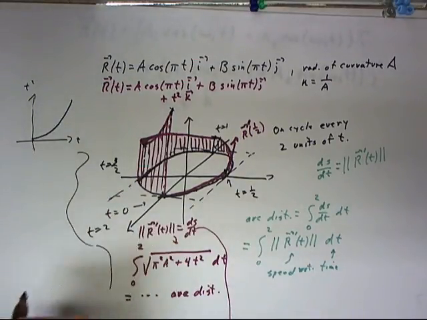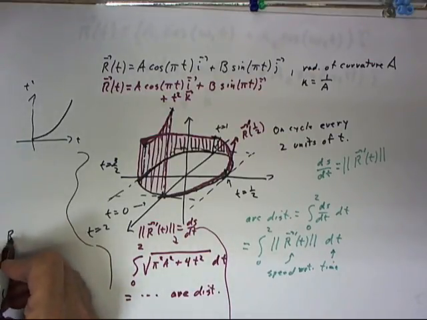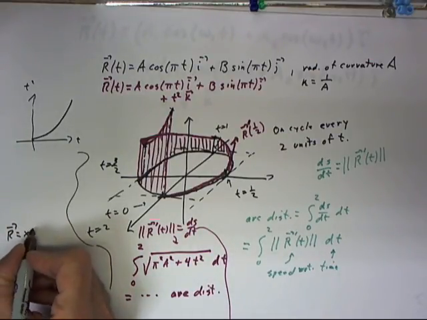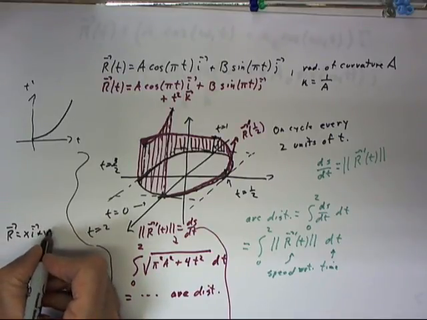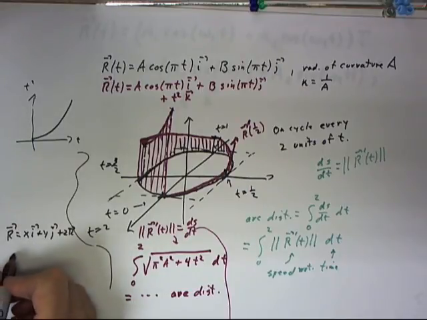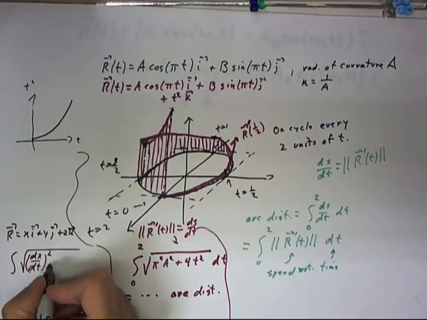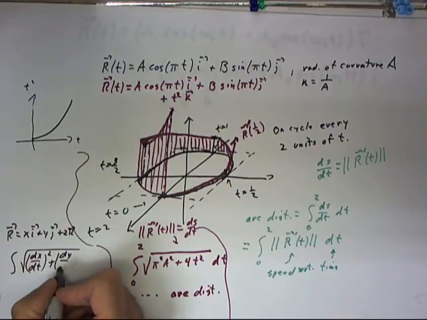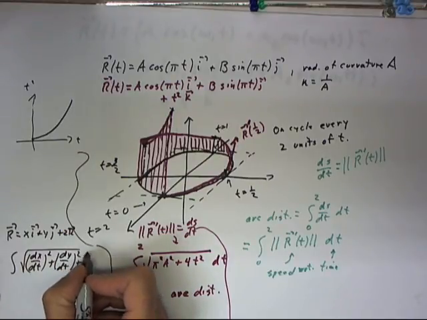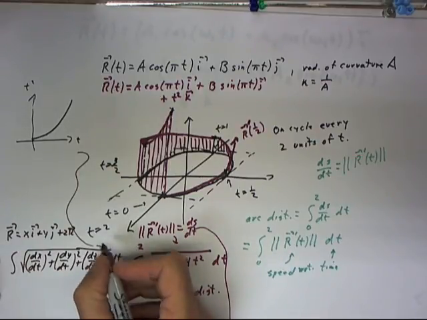Your book has a formula for the arc length. If your r function is xi plus yj plus zk, then you're supposed to integrate the square root of dx/dt squared plus dy/dt squared plus dz/dt squared with respect to t.